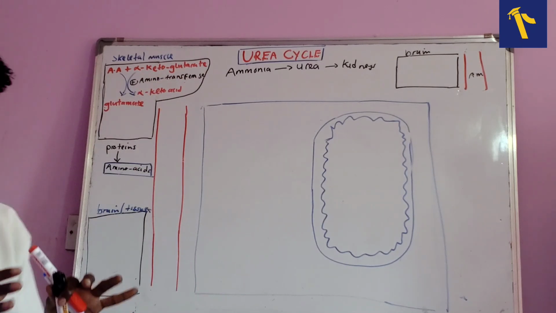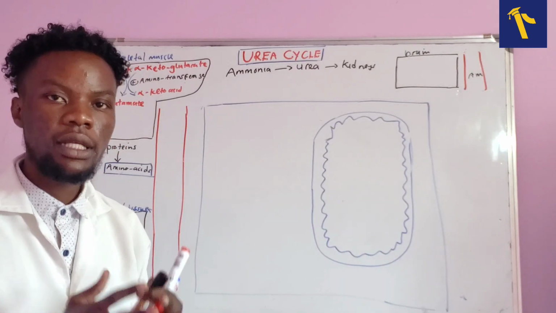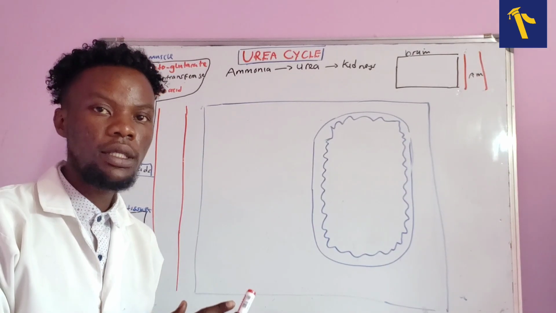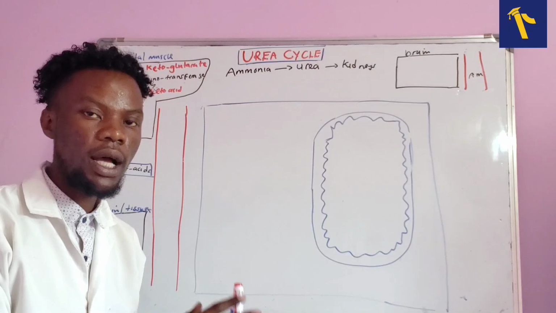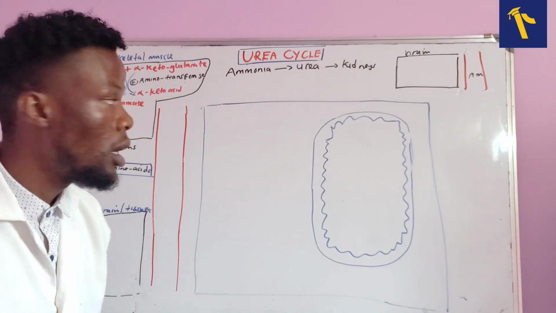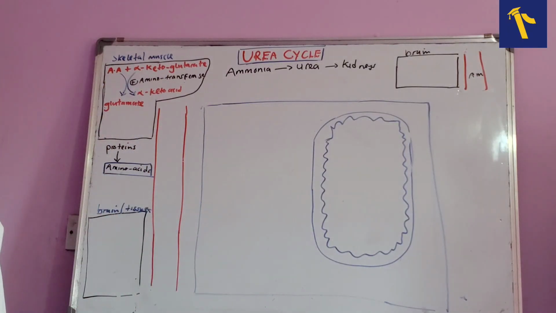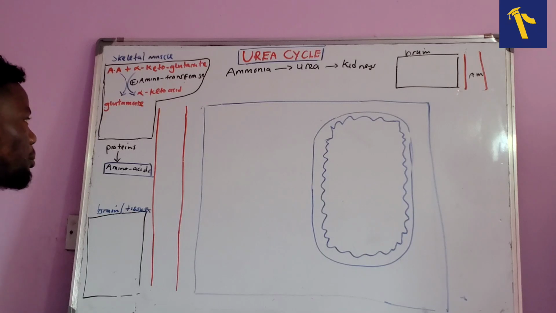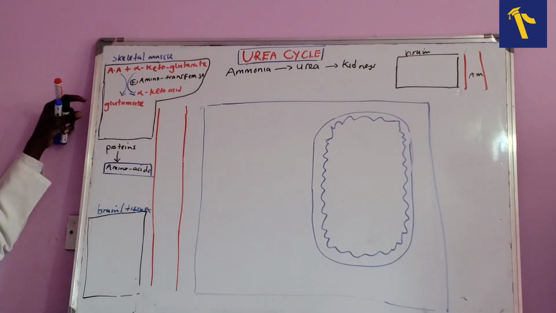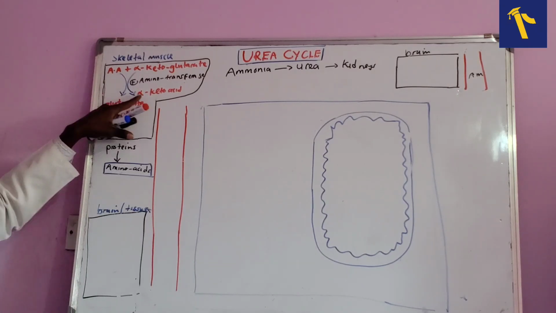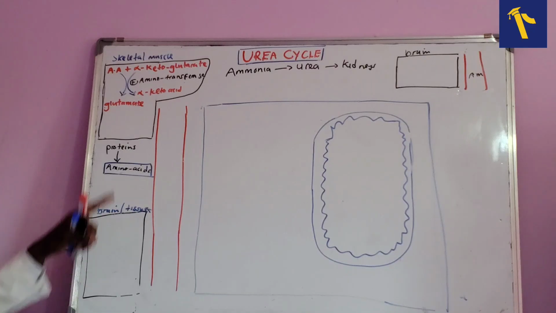So basically it is just the transferring of the amino group from the amino acid to the alpha ketoglutarate, so that we can have two important products, glutamate and alpha keto acid, by that enzyme aminotransferase.